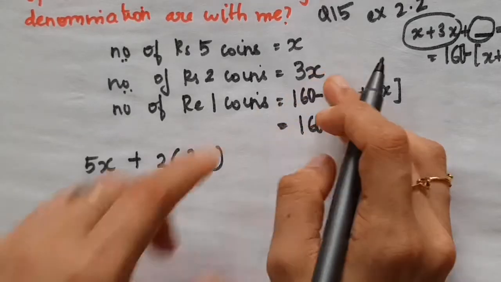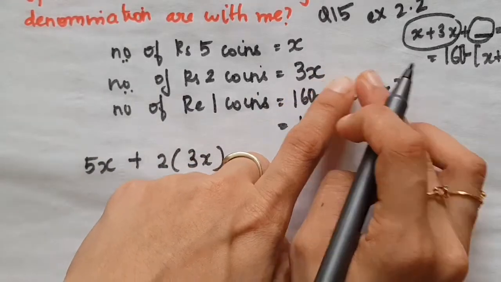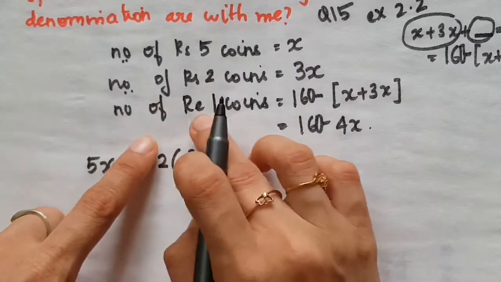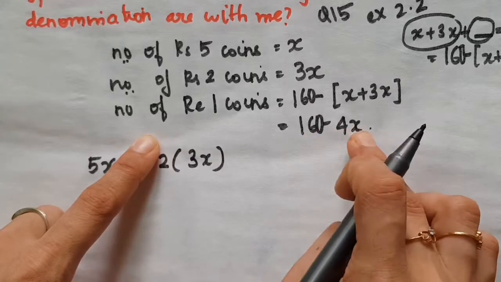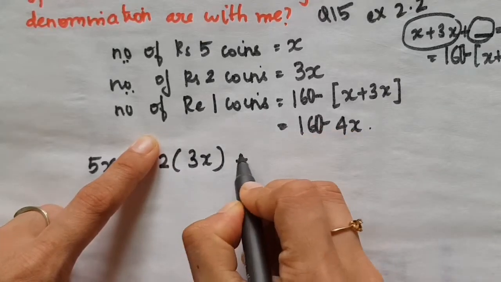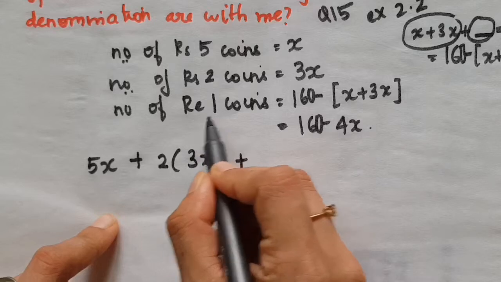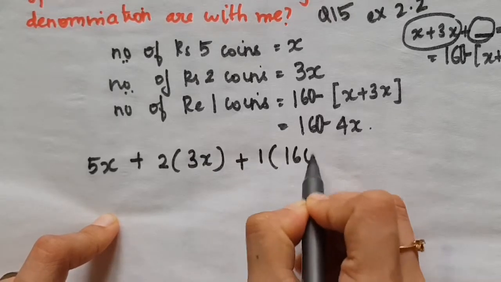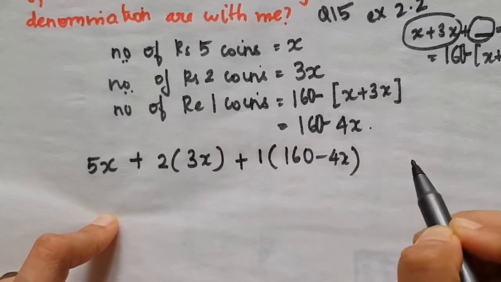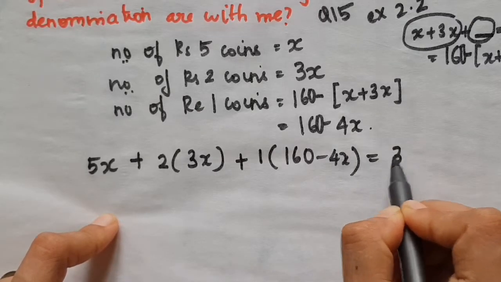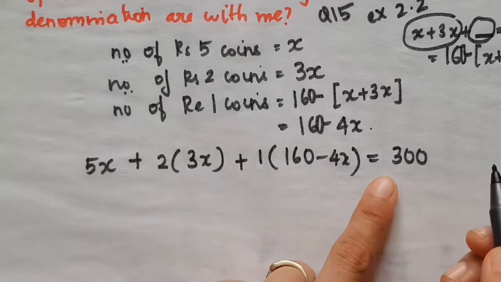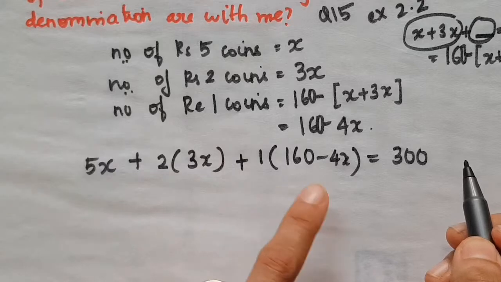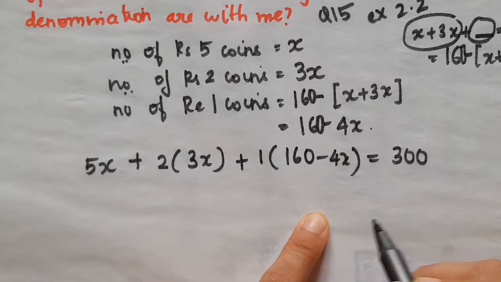And the number of rupee 1 coins is 160 minus 4x, and the amount we get from it will be 1 times that, since each is only 1 rupee. So 1 into 160 minus 4x, and the total amount of money I have is 300. So 5x plus 2 times 3x plus 1 into 160 minus 4x is equal to 300.